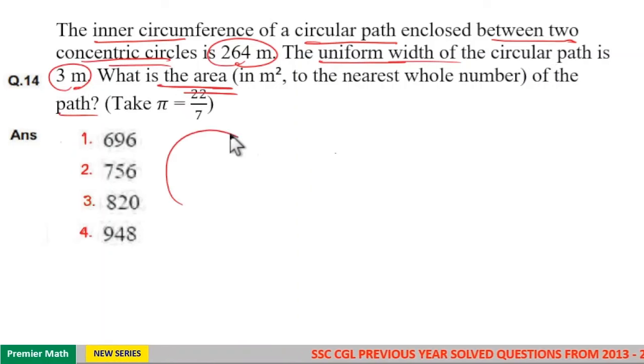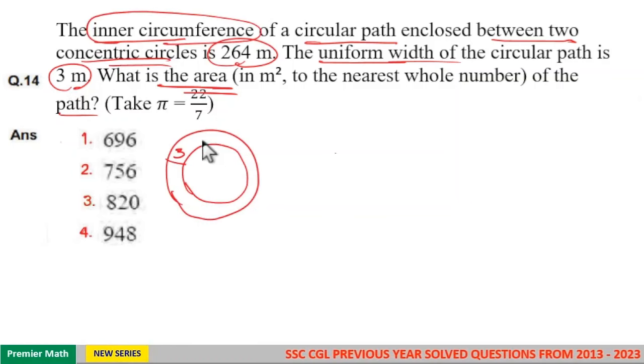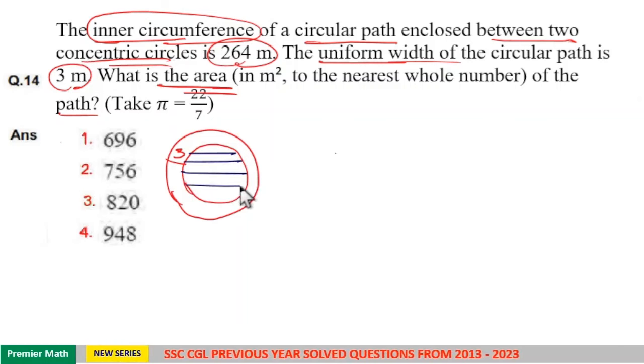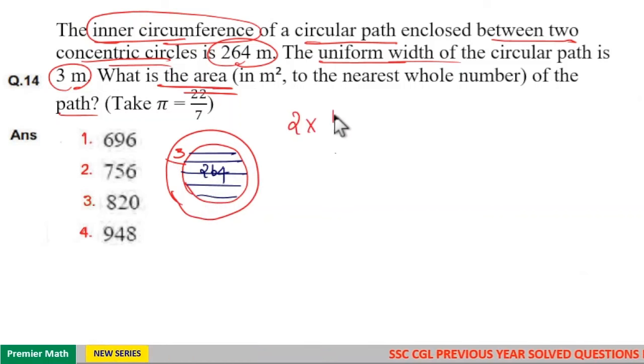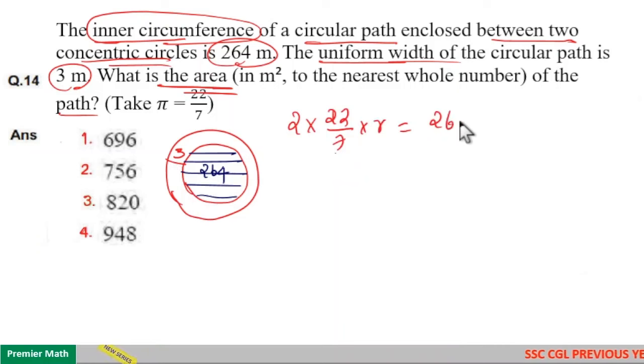Here, two concentric circles and width of the circular path is 3 meter. Now, inner circumference means circumference of this inner circle is given, which is equal to 264 meter. That is 2 pi r is 264 meter. 2 into pi is equal to 22 by 7 into r is equal to 264.